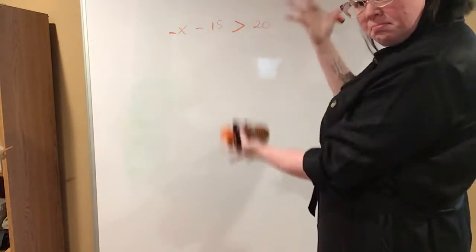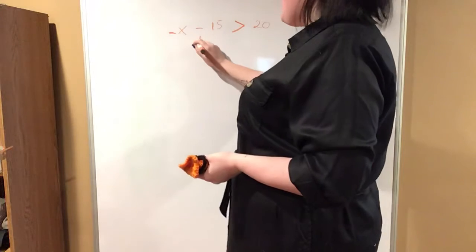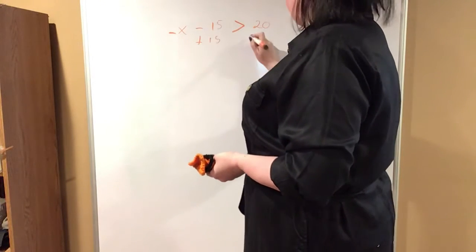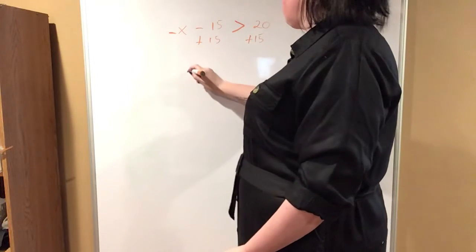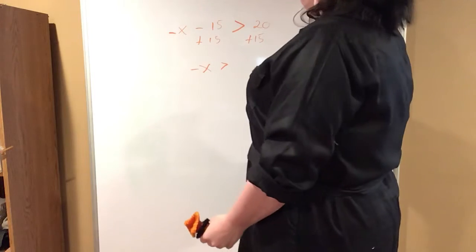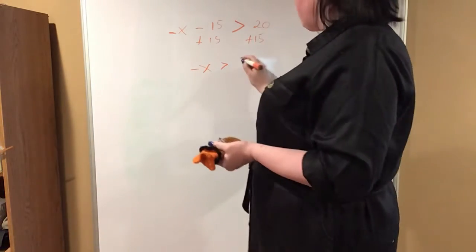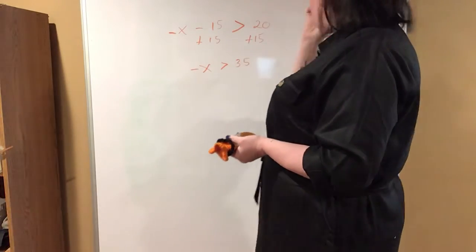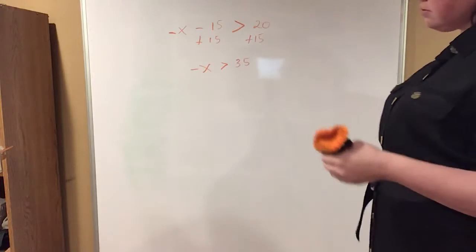I'm going to add 15. 20 plus 15, 35. But some kids are like, oh, I'm done, I got x alone.